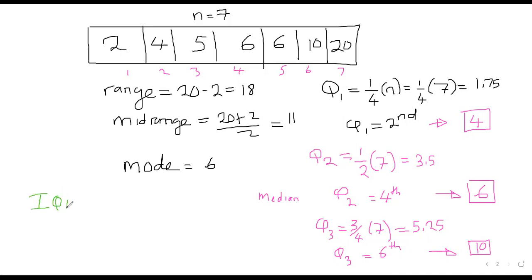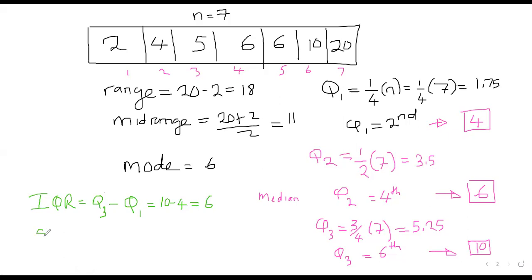Interquartile range is simply the difference between the highest quartile, which is Q3, minus the lowest quartile, which is Q1. So here we're going to have 10 minus 4, which is 6. So that is called the interquartile range.